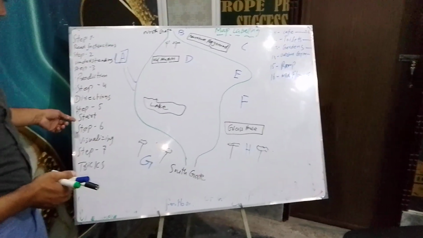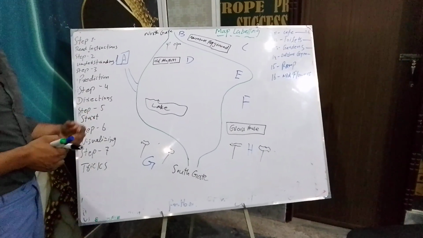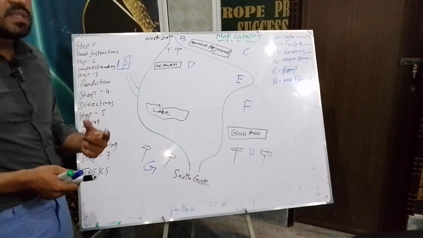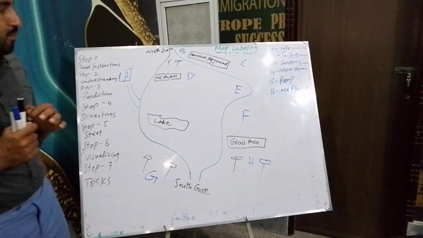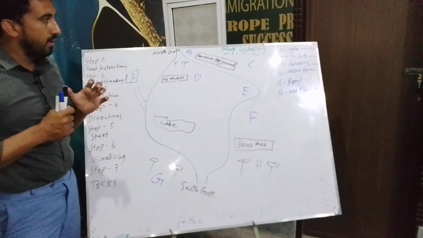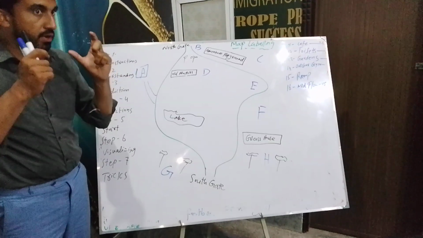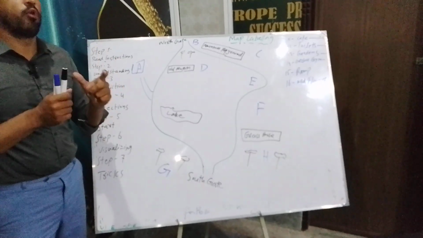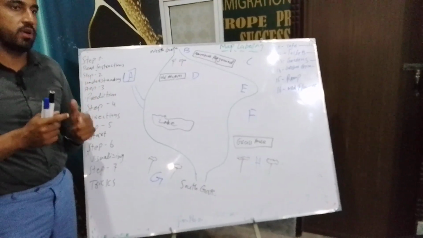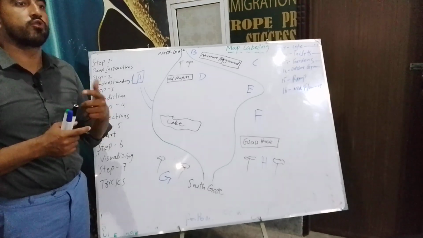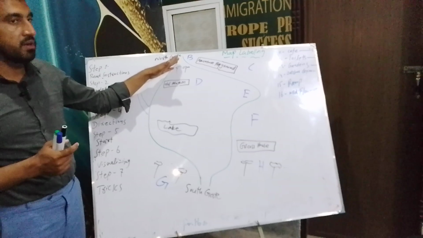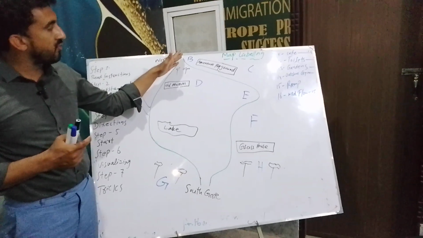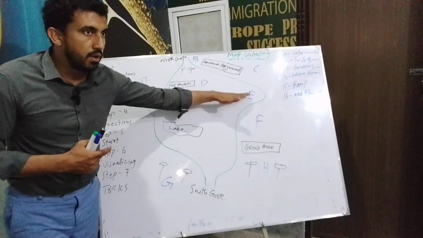Step number 5 is the starting point. Whenever the audio starts, listen carefully. Why? Because you must capture the starting point. You have to detect where the speaker is going to start, right? If he starts from here, the possibility is that he will start describing the places from here, right?